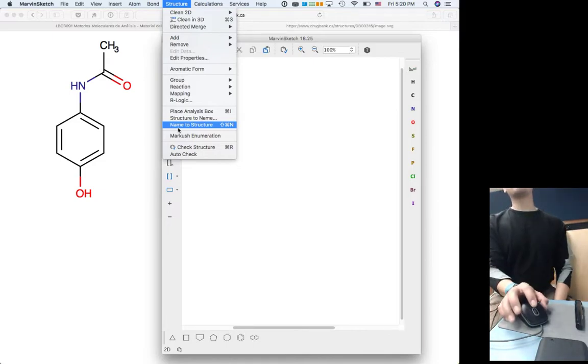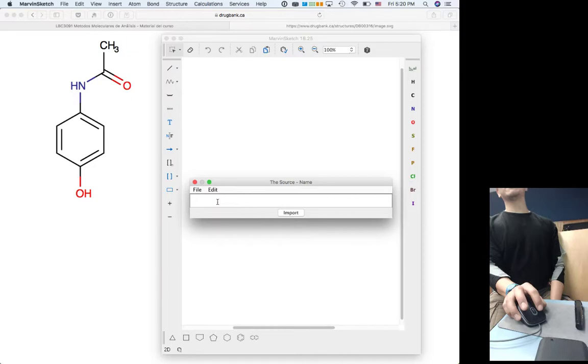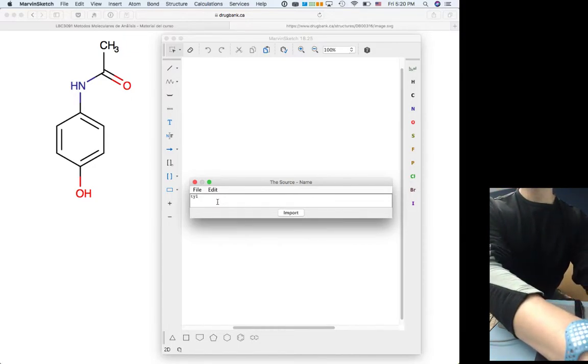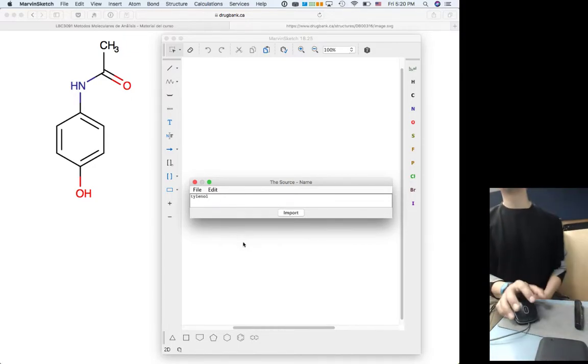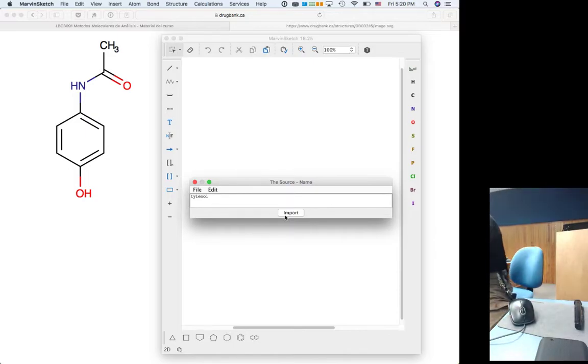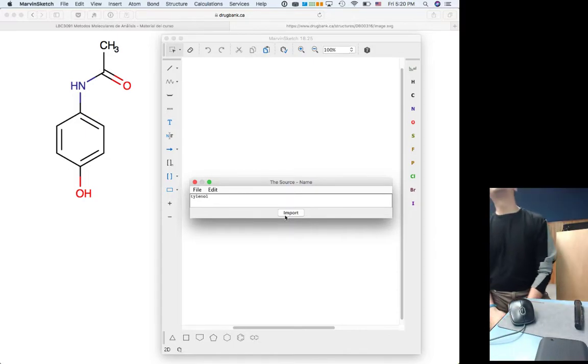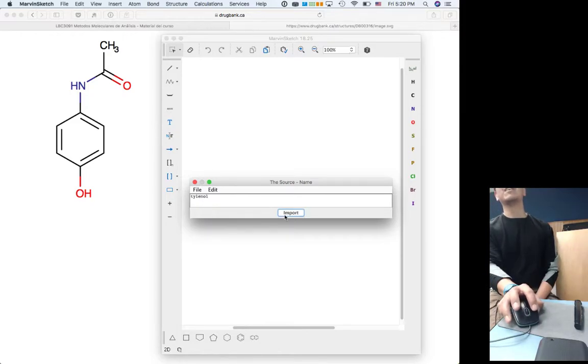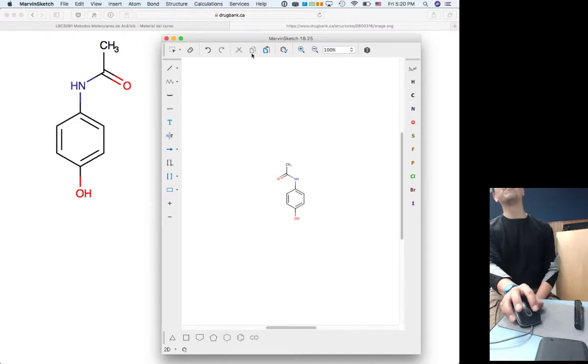That should bring up a window, kind of like this. And there we can type Tylenol and click import. Structure, name to structure. And unless we did something terribly wrong, there we go.